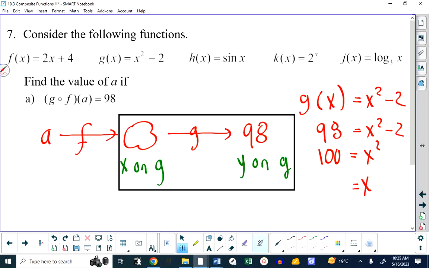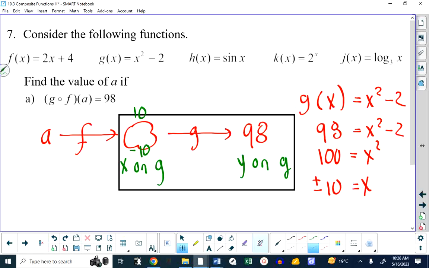Anything else? Plus or minus, that's right, Ashley. Plus or minus 10. We're going to have two sets of answers here. We're going to have 10 or negative 10 going in to give us 98, which means A has two possible answers.